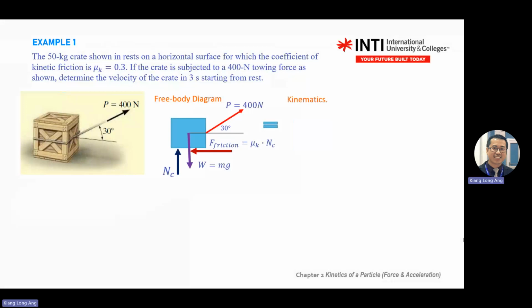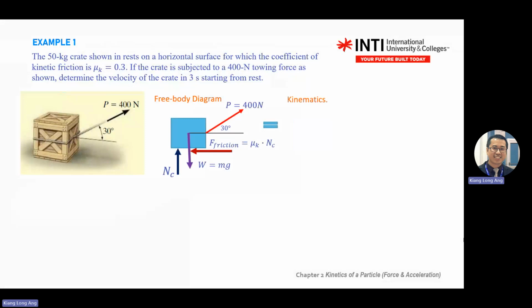And what else is missing here? You have F, you have N, you have friction. What else?